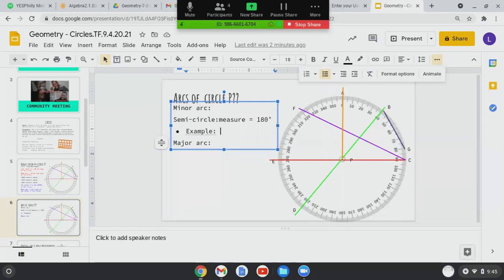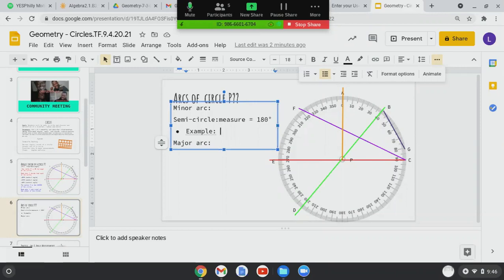No, because remember, an arc is a piece of the 360. Okay, so let's step back. We established the whole circle is 360. Yep, I'm there.